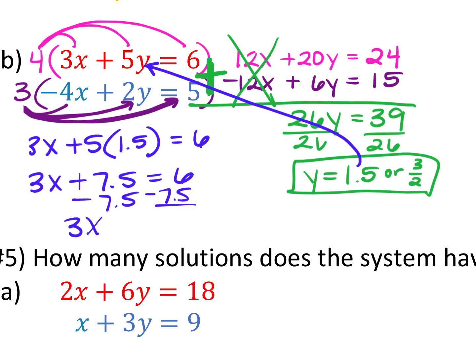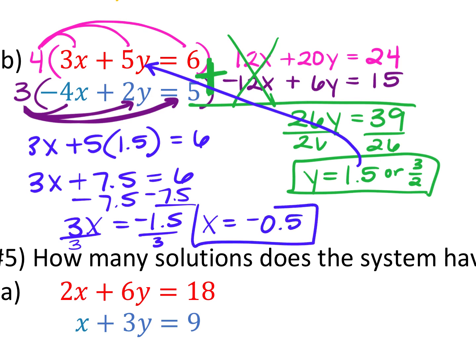So 3x equals a negative 1.5, and then divide by 3. So negative 1.5 divided by 3 is a negative 0.5. And again, I don't care if you leave it like that or if you want to call it a negative 1/2.